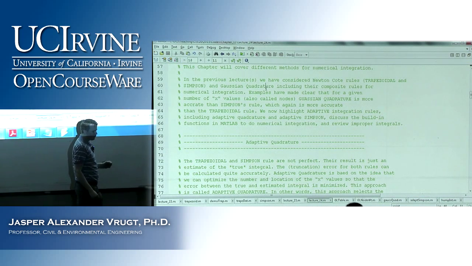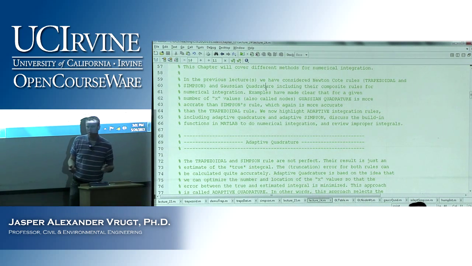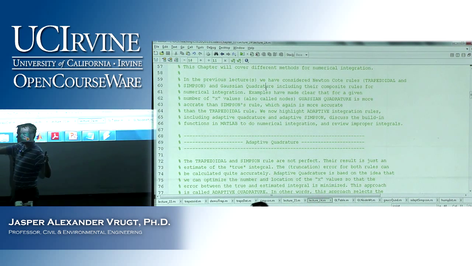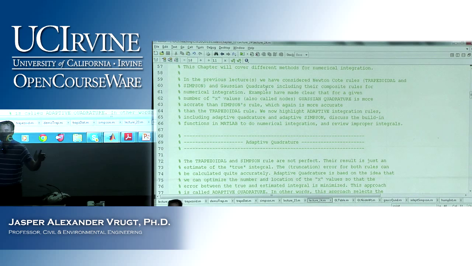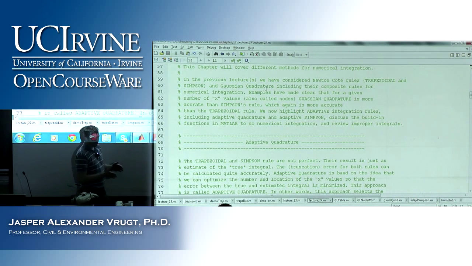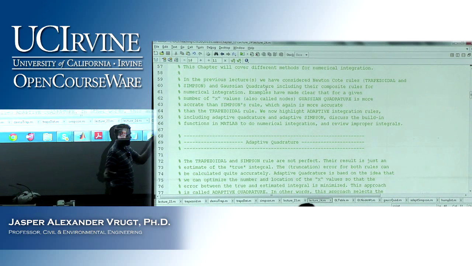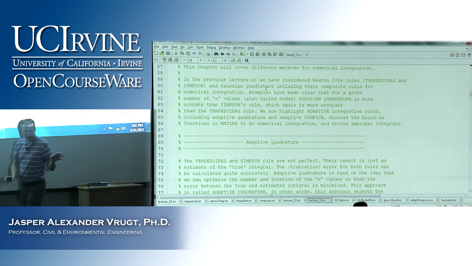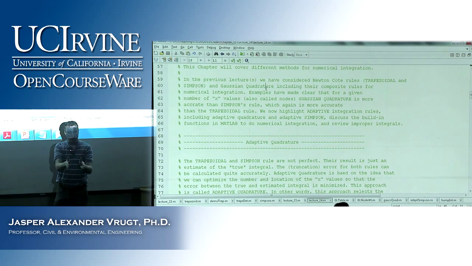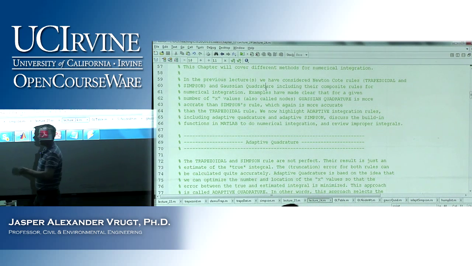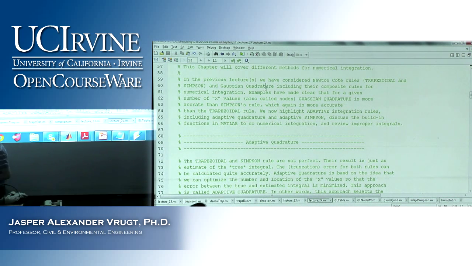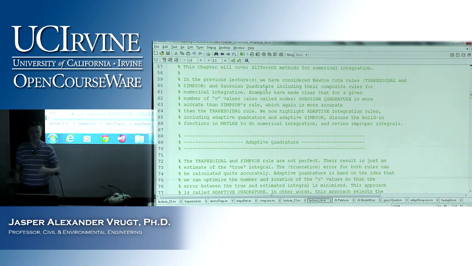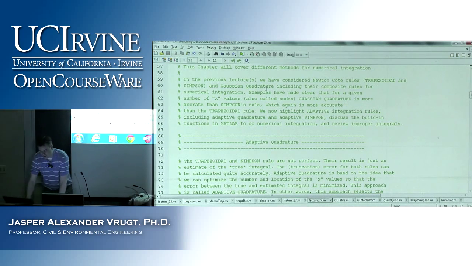A composite trapezoidal or Simpson's rule doesn't integrate in one step, but instead divides the interval in panels of equal width and solves the integral for each individual panel. Then you take the sum of the integrals of those panels, and you have the total integral between A and B.